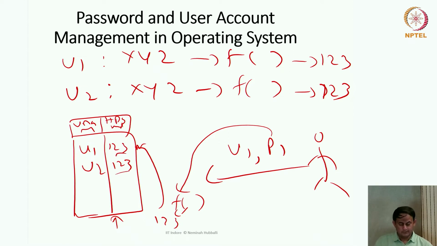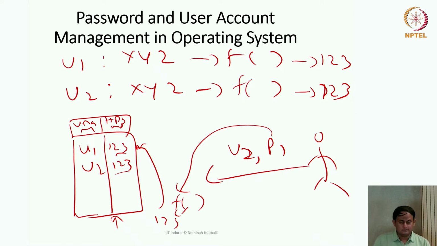So if user 1, instead of claiming to be user 1, claims to be user 2 and supplies the password P1, then also he can log in, because once this is passed to function f, it produces the same hash value.